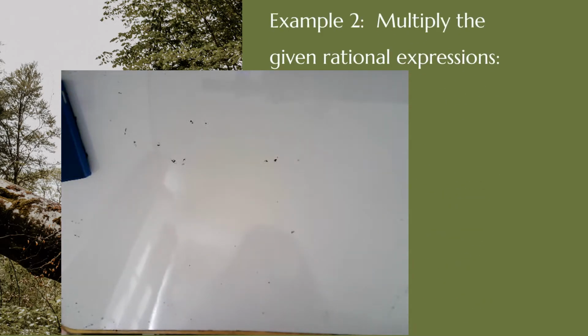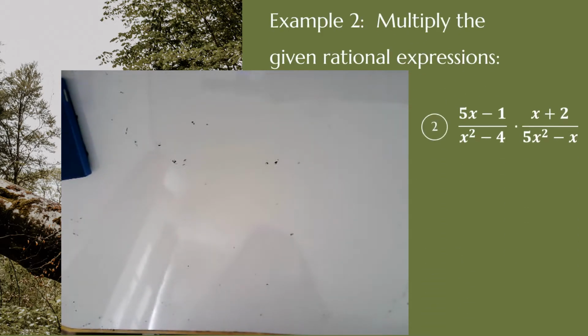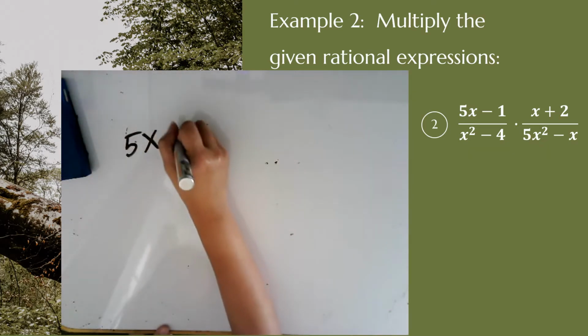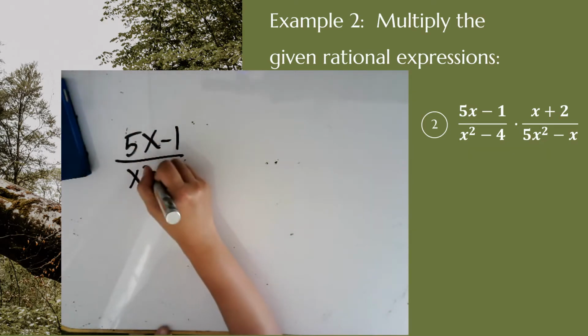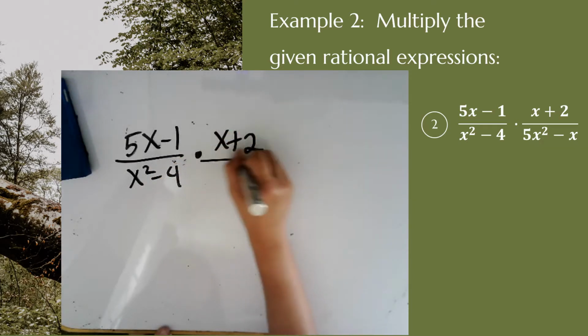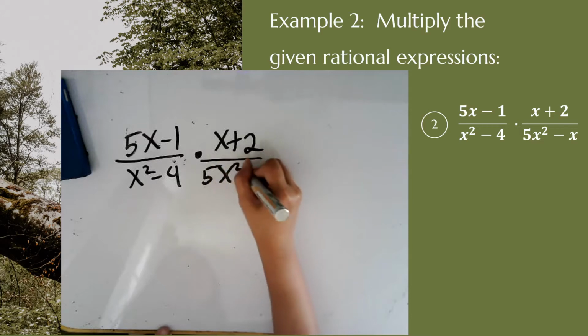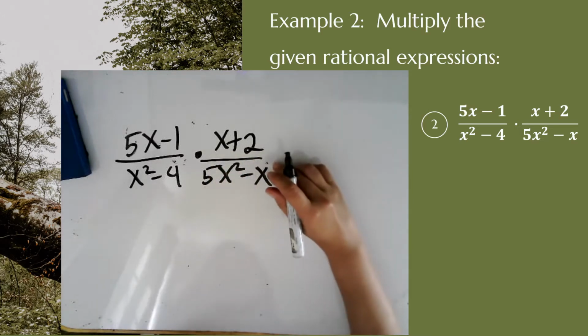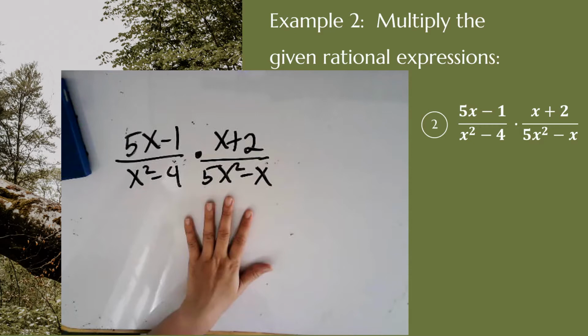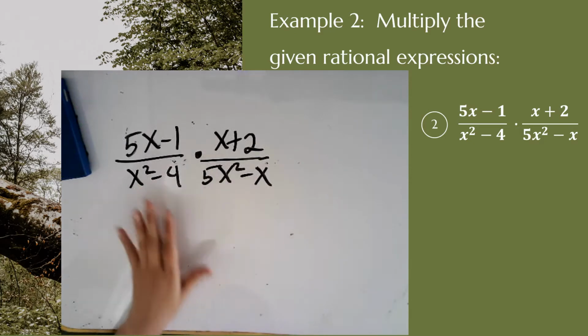Example number 2, multiply the given rational expressions 5x minus 1 over x squared minus 4 times x plus 2 over 5x squared minus x. So, which expressions can we factor? Both the denominators on the right and on the left side.